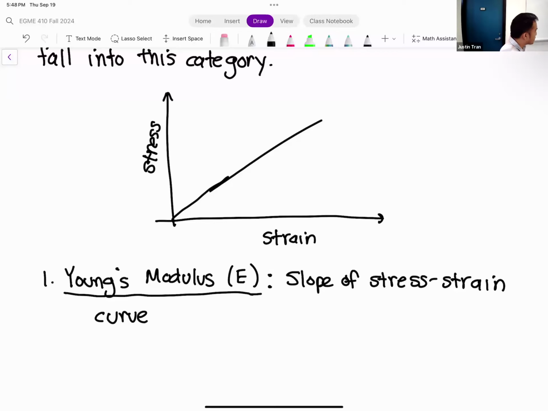And what the Young's modulus expresses, in a qualitative description, is how well this material can resist deforming in the presence of external loads.